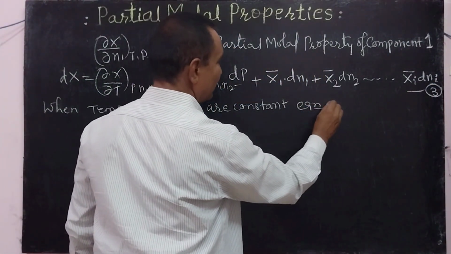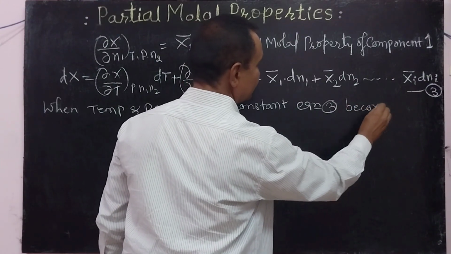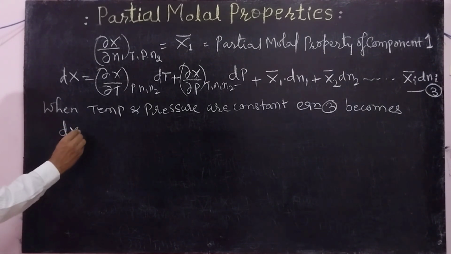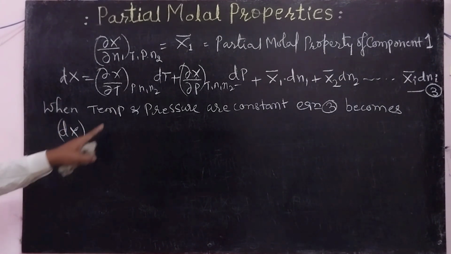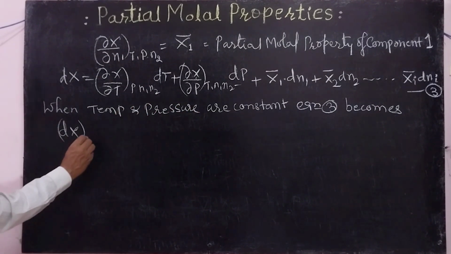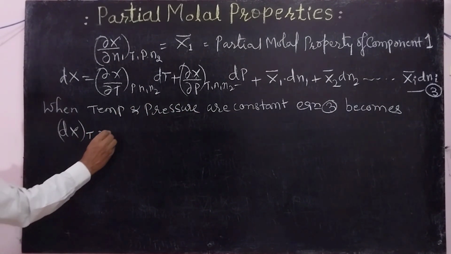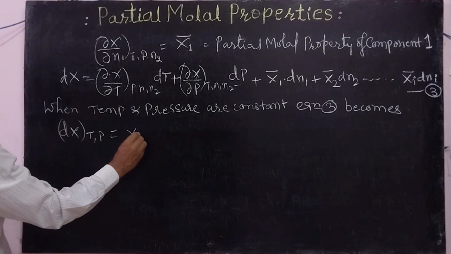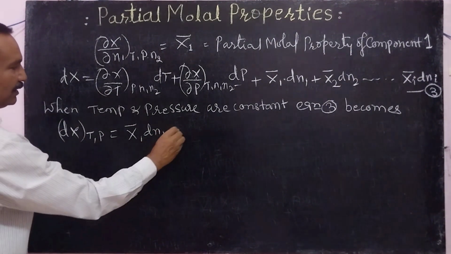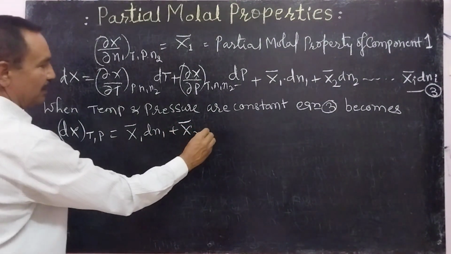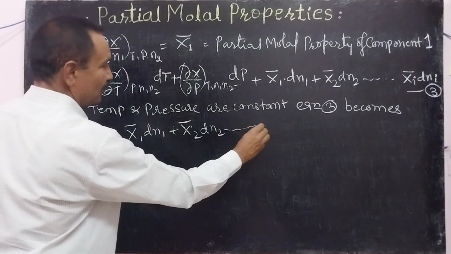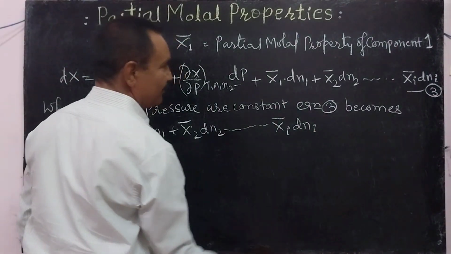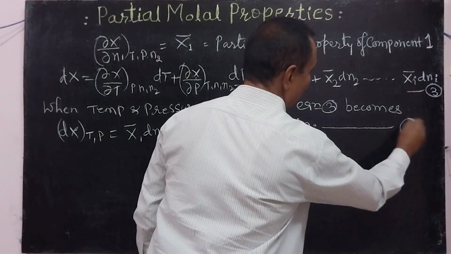Since temperature and pressure are kept constant, these terms disappear, and we may write dx equals x1 bar dn1 plus x2 bar dn2 and so on, plus xi bar dni. Suppose this is equation 4.